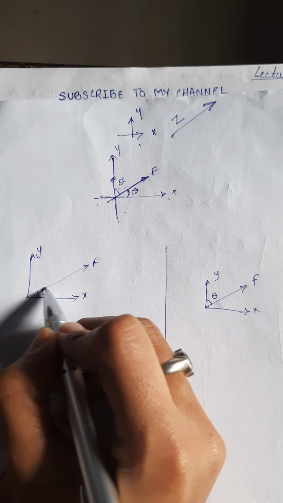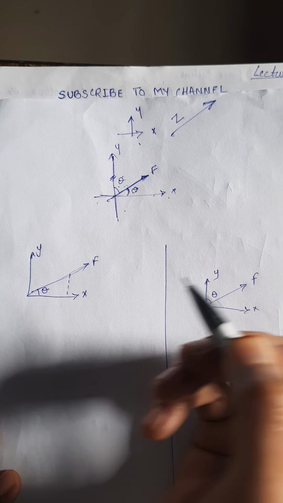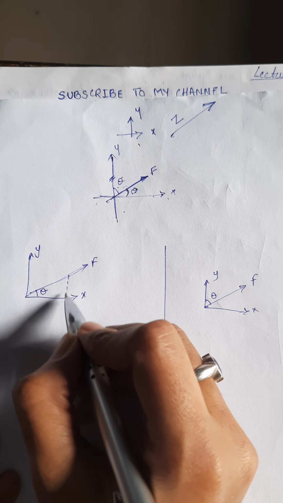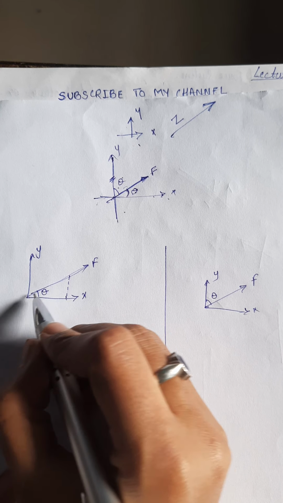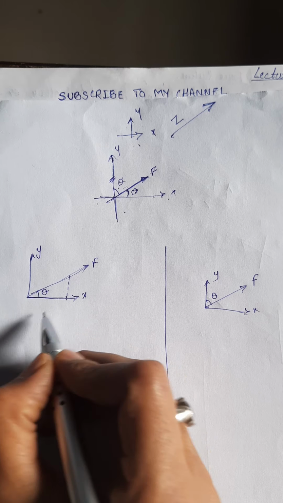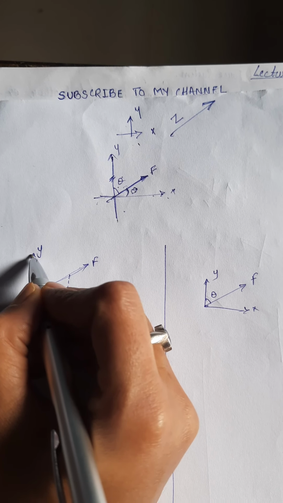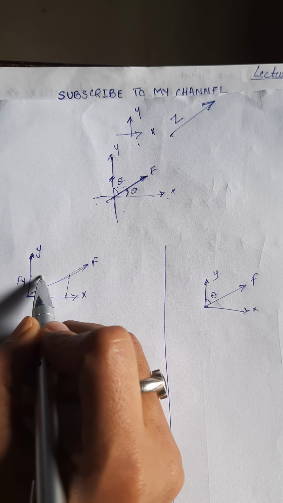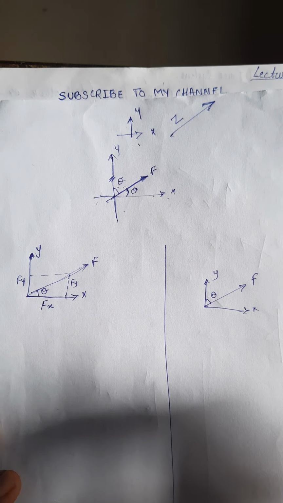First thing, whenever you get a force, just draw one perpendicular here. As we draw one perpendicular, this turns into a right angle triangle. As we know, the horizontal component of this resolved force F will be F of x and the vertical component of the resolved force will be F of y. This F of y is correspondingly equal to this F of y here.